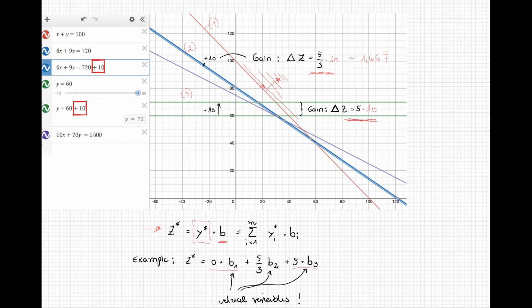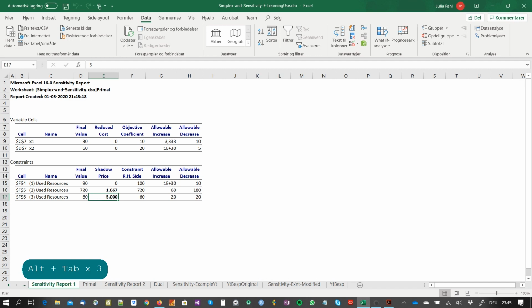And these shadow prices are the dual variables that we can find when looking at the dual problem of our primal problem.